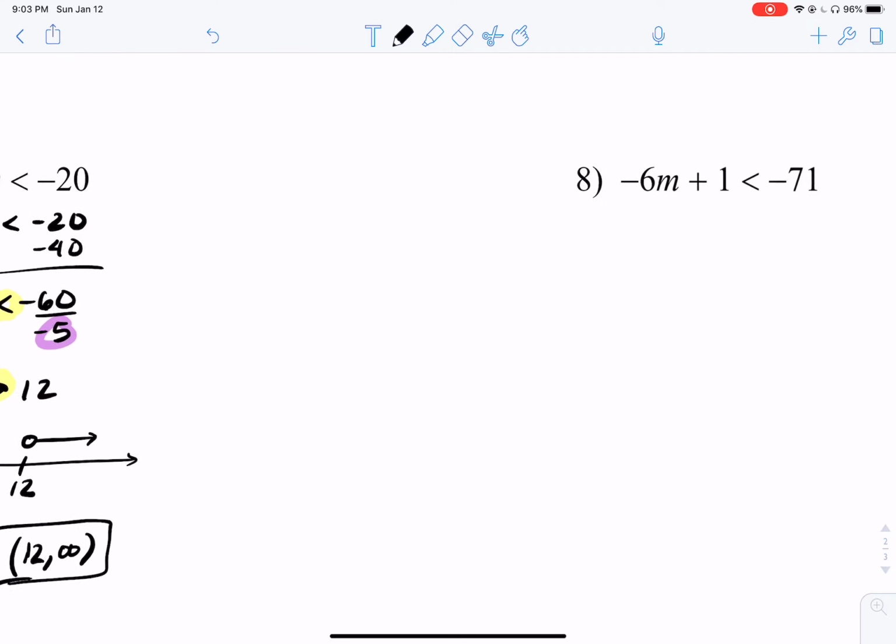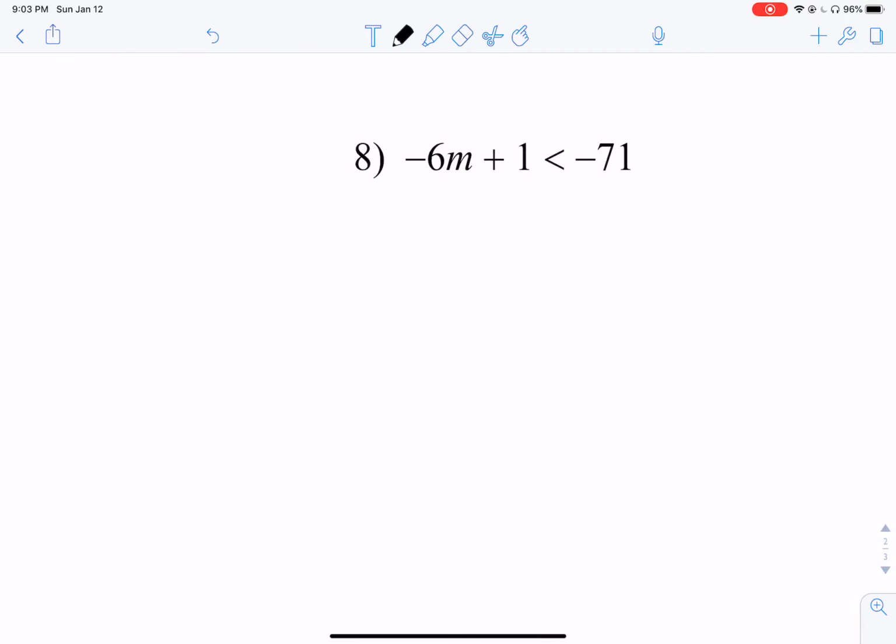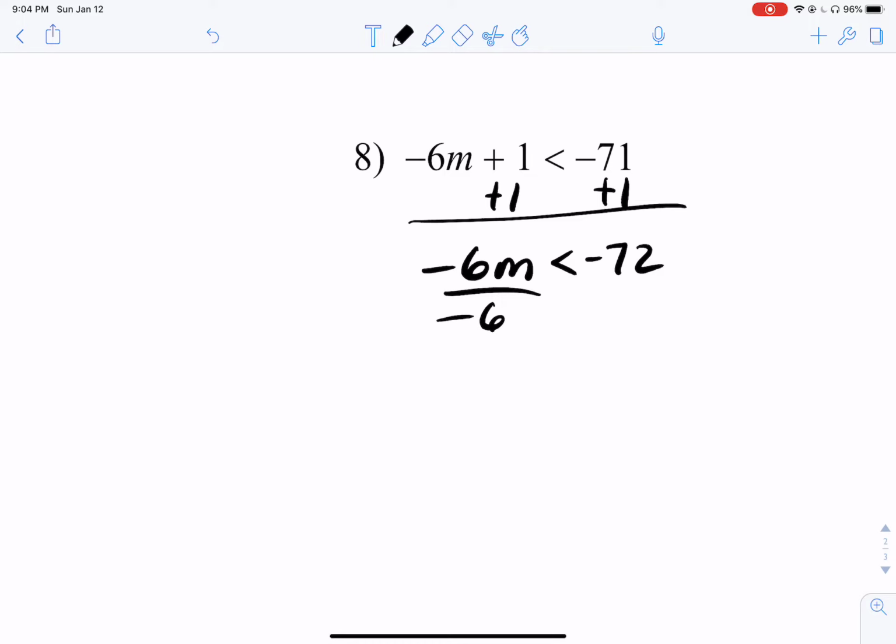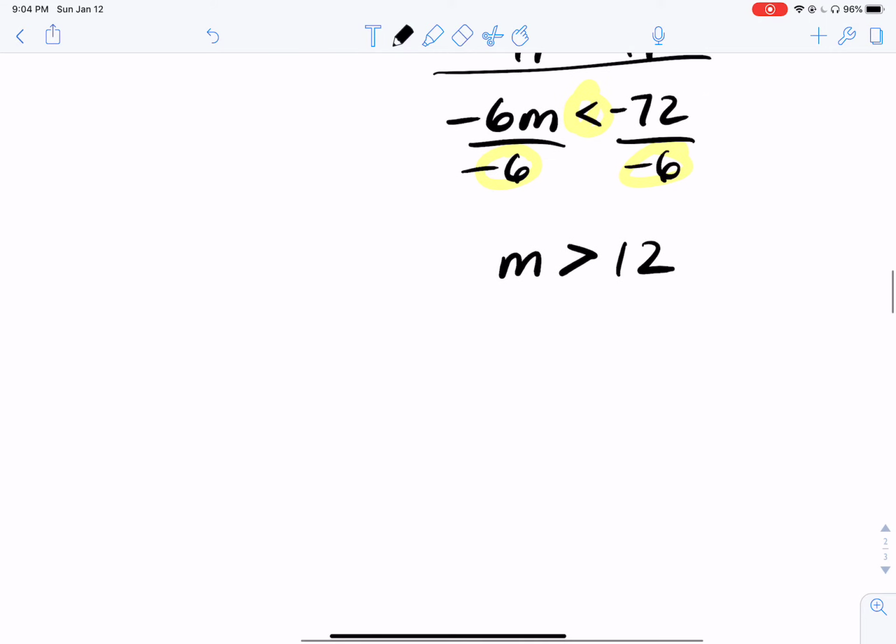All right, so let's move on to number 8. For number 8, we will start by adding 1 to both sides, and negative 6m would be less than negative 72. Dividing 72 by negative 6, m is greater than, again, notice I'm dividing by negative 6, so I'm going to flip this inequality. I get positive 12.